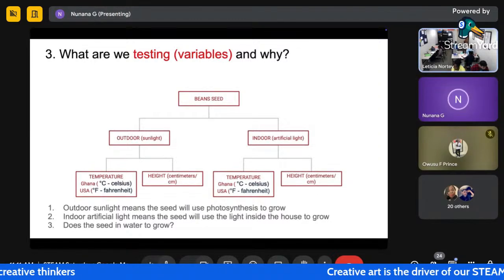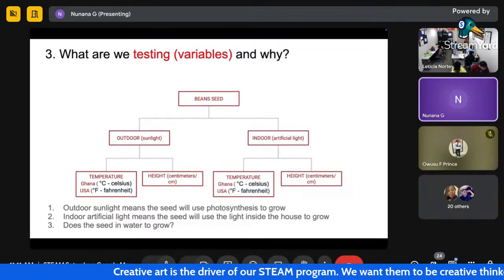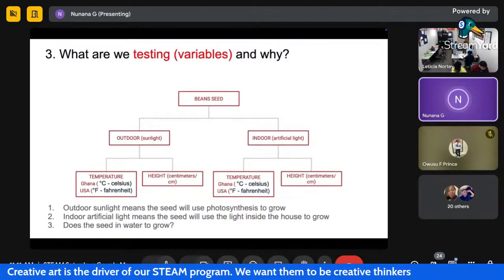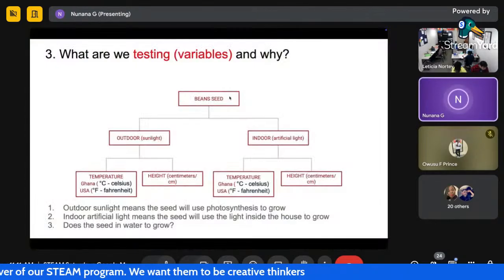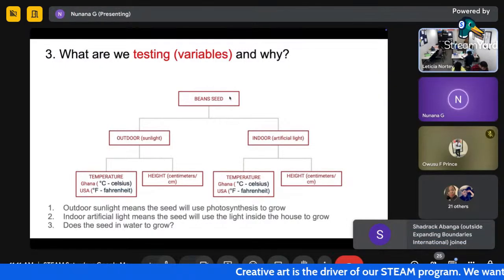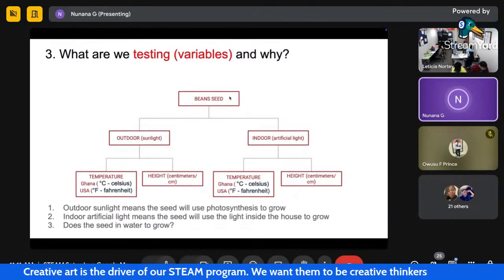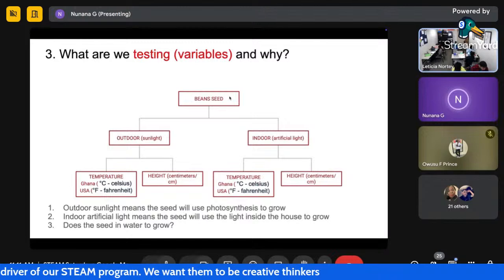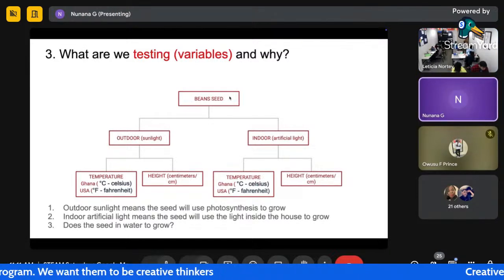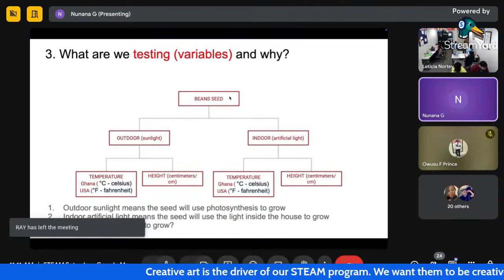Yeah. The cup you take outside is getting the natural sun. The cup you leave inside the house is getting its energy from the lights inside the house. Does that make sense? So natural sunlight versus the light inside the house. And then you're going to take the temperature.